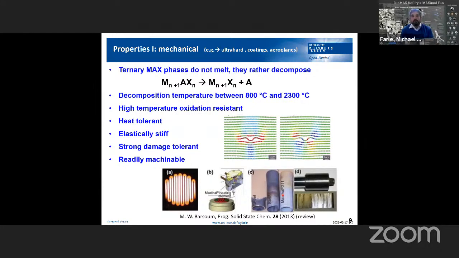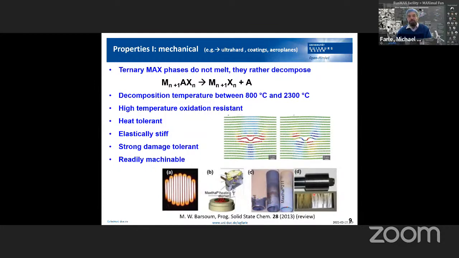So this is a nice oxidation and mechanical resistant coating, for example, in aeroplanes. They have a high decomposition temperature, so you can use them also in turbines or in ovens. You see here a steel tube in a furnace, and this was a MAX phase material coated tube, so it looks much better.